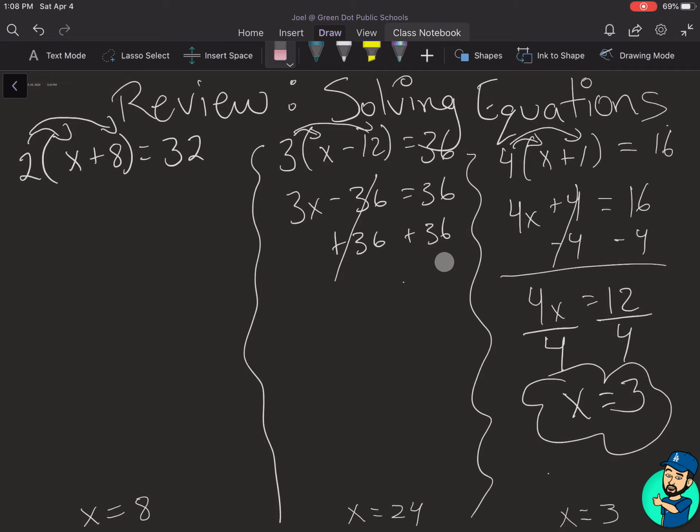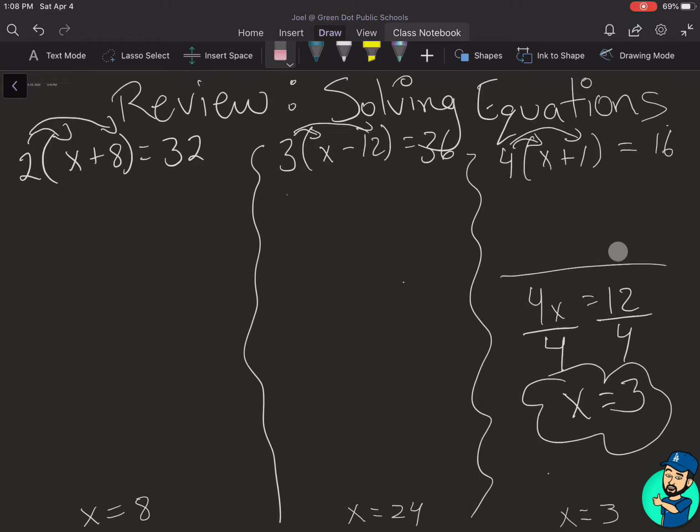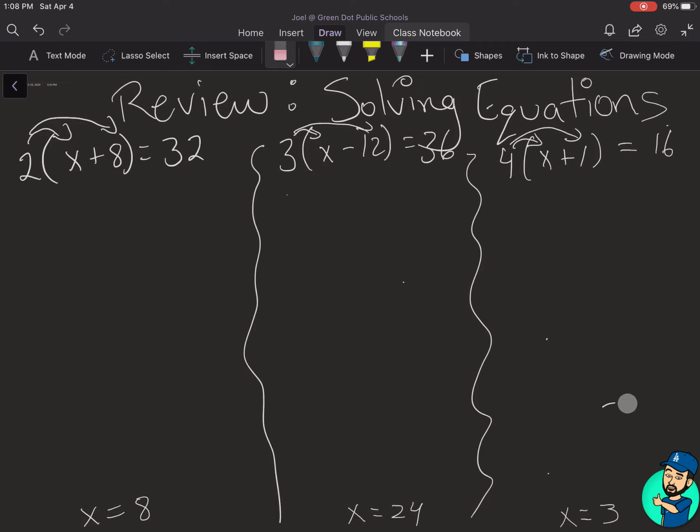You may choose, when you're in class doing homework, as long as you show your work, you'll get full credit. Let me erase these arrows.